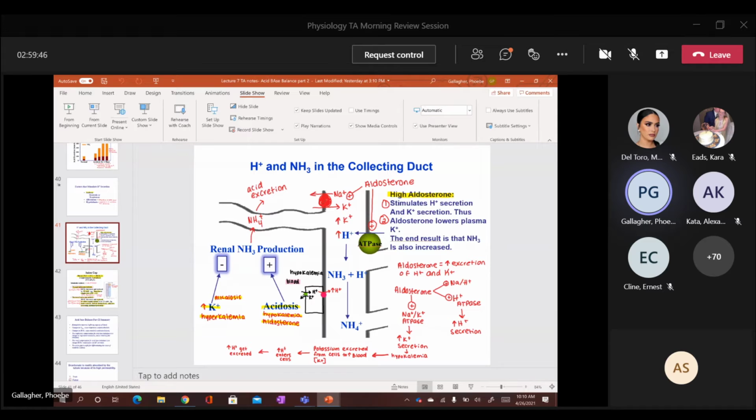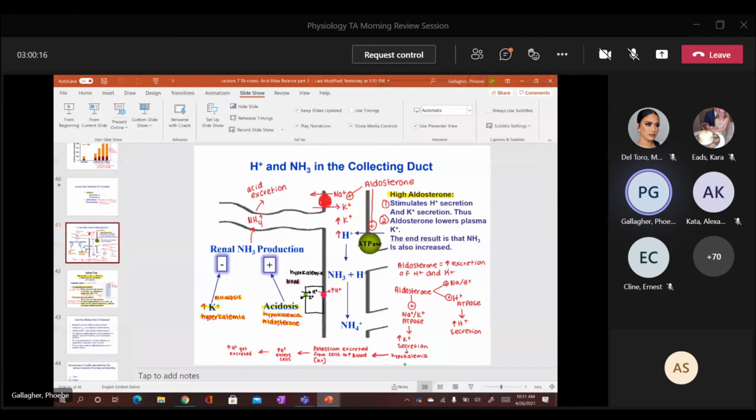And since they're doing that with the proton potassium ATPase, which is more like an antiporter, it pumps protons into the cell and potassium out, it's going to lead to more protons inside of the cell, which are then going to be pumped out because aldosterone also upregulates your proton ATPase and your sodium proton pump as well. So you see a loss in protons due to the hypokalemia.